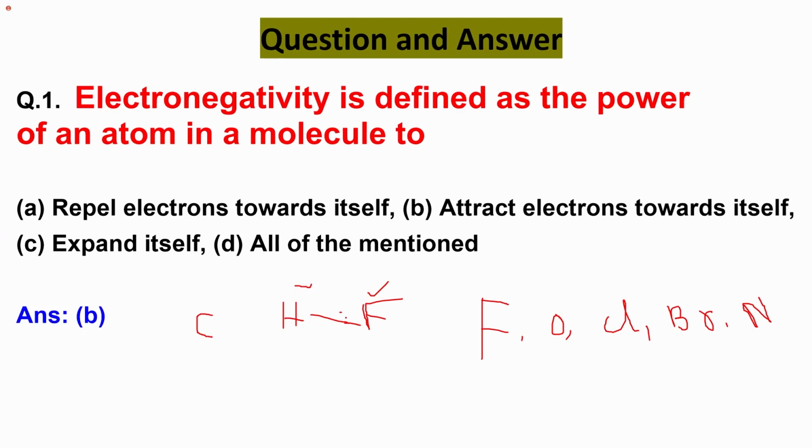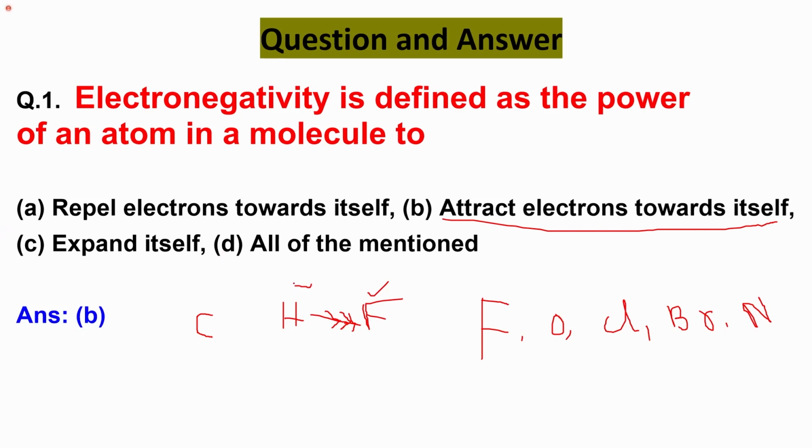It will pull the electron from hydrogen towards itself. This is called attracting electrons towards itself. So electronegativity is defined as the power of an atom in a molecule to attract electrons towards itself. When it happens, this is called electron affinity.